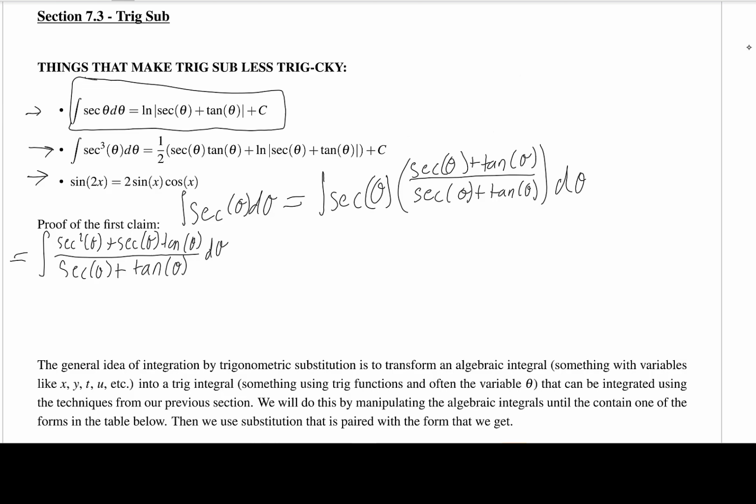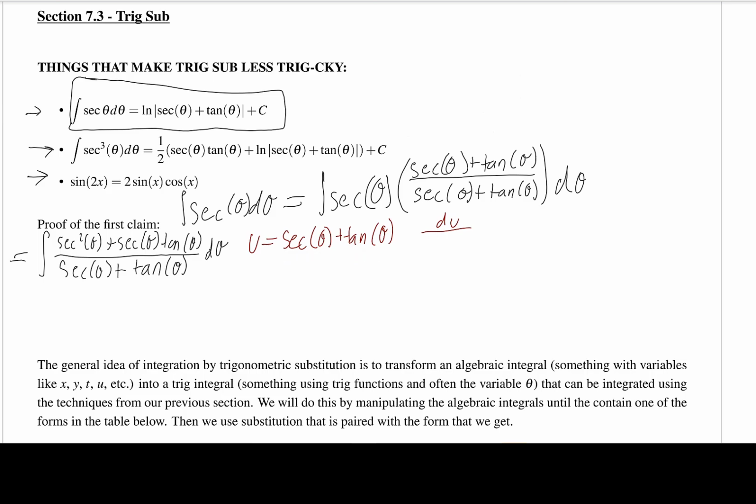And so what I'm going to do is u substitute, and I'm going to use u equals our denominator. So u equals secant theta plus tan theta, which means that du d theta is equal to the derivative of this right hand side.